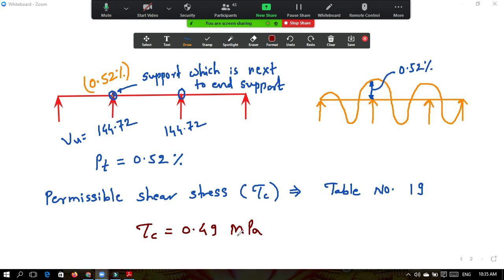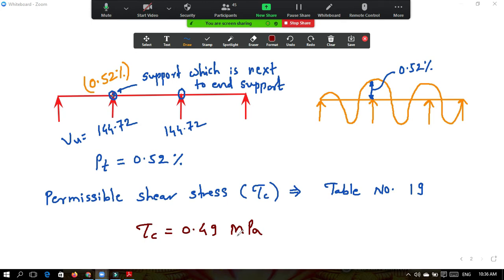So what is the meaning of this? The nominal shear stress means the shear stress which is actually generated in this continuous beam due to the loading, which is 0.8 Newton per mm square, 0.804 Newton per mm square. It has started developing, 0.804.